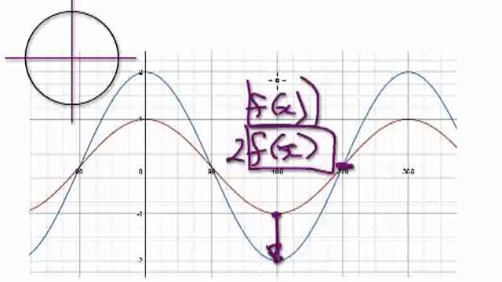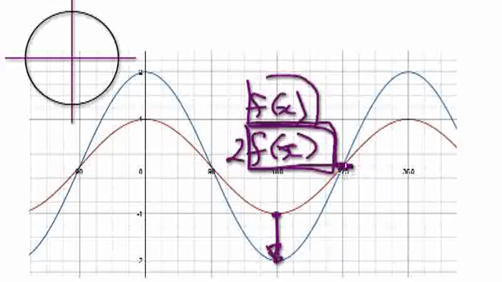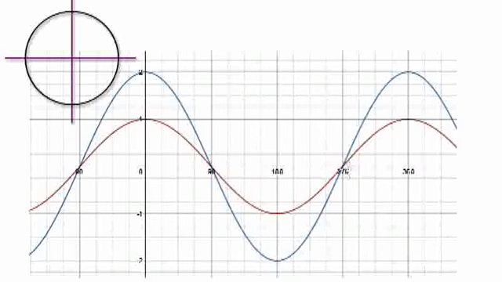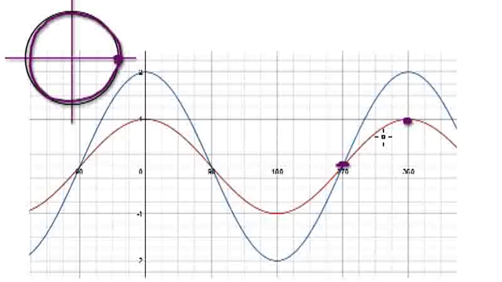At 270, f of x will be 0. Looking at 2 f of x, 0 times 2 is 0, so that's why it stays at 0 here. Now, looking at 360, cos of 360 would be 1, because remember, cos is really the width of this thing here.